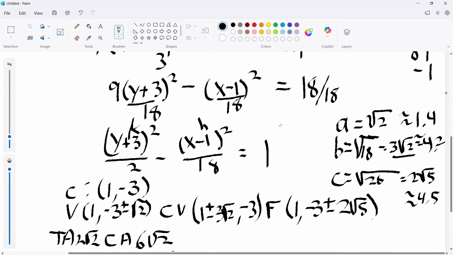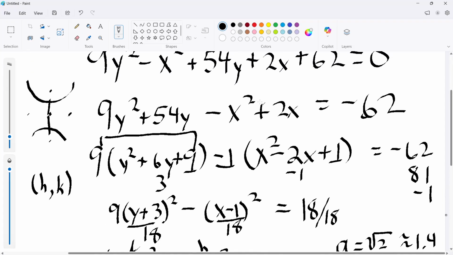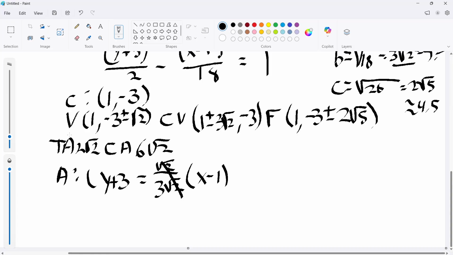Are you adding the A to the H, or to the K? Well, just look at it. If it's a vertical, you're adding it to the K for the vertices and the foci. For the covertices, you're adding it to the H. And if it's horizontal, for the vertices and foci, you add to the H, and for the covertices, you add to the K. But H is always with X and K is always with Y.